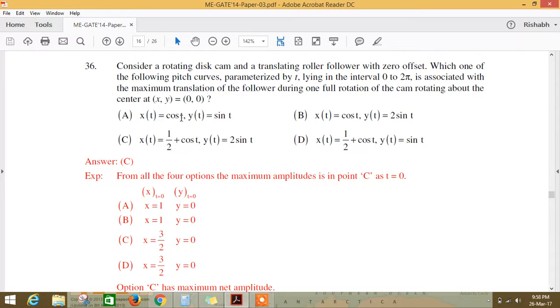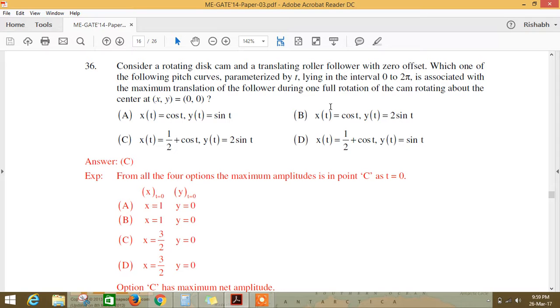So in which case is the square root of x square plus y square maximum? See, cos square t plus sin square t, whole root, is 1. Cos square t plus 2 sin square t is 1 plus sin square t. Sin value is maximum 1, so it can be 2.